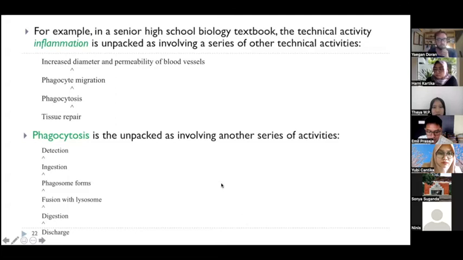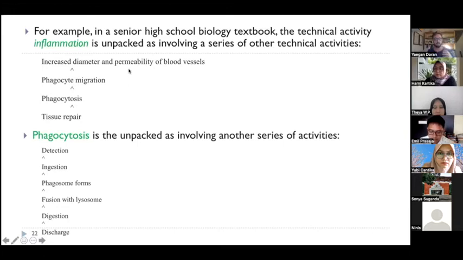So, for example, in a senior high school biology textbook, we can have the technical activity or event inflammation, where part of the body becomes inflamed, swells, becomes very red, sore when you hurt yourself. And the biology textbook is trying to explain what inflammation is and how it works.